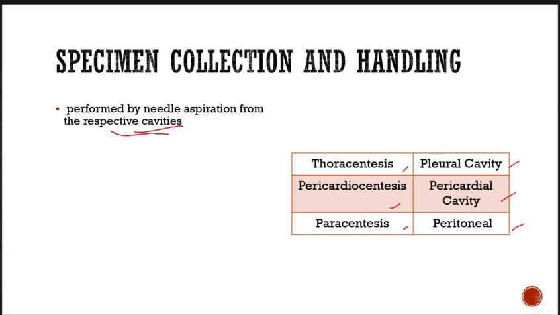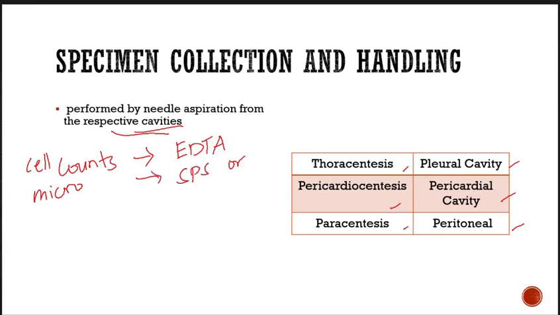So where would we put our samples? If you're doing cell counts, put it in EDTA. For microbiological studies, you can put it in SPS or sterile heparin. For chemistry, either red top or heparin.